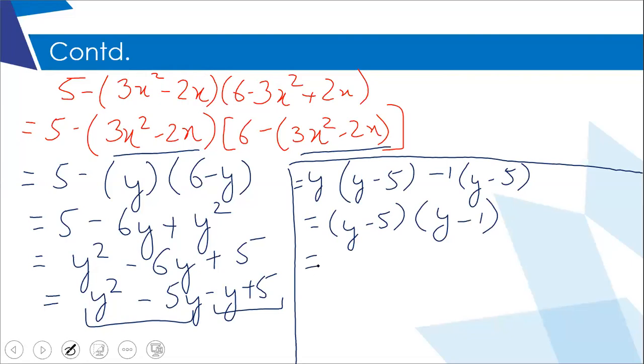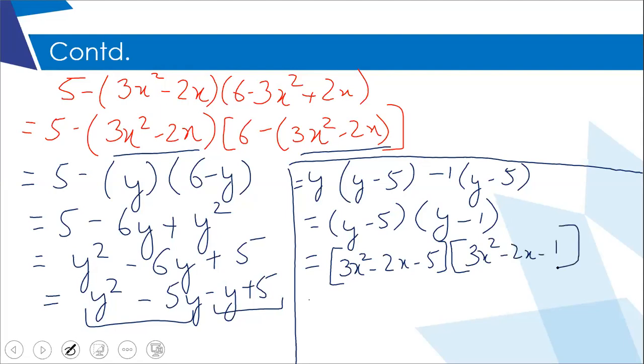Now I'm going to take y as 3x square minus 2x minus 5, and in here also I'm going to replace 3x square minus 2x minus 1.